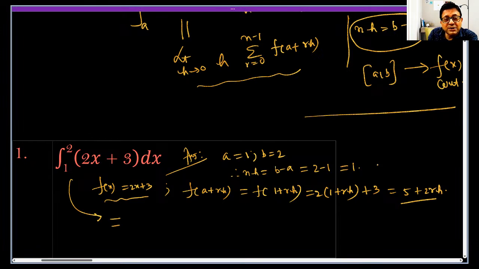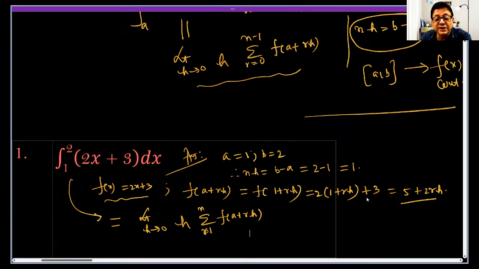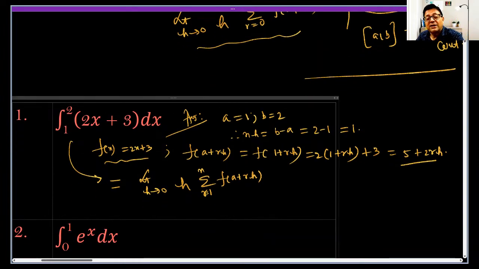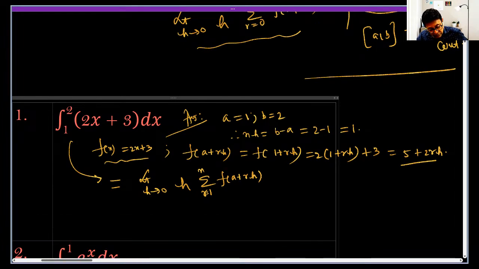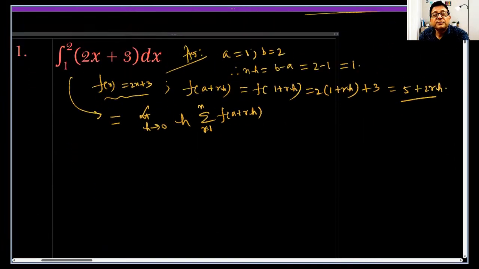So this will be the limit as h tends to 0 of h sigma, I am using this definition, or r from 1 to n as you like, it doesn't matter. You will get the same answer, because h is tending to 0 and n is tending to infinity, this will make these two sums the same value.